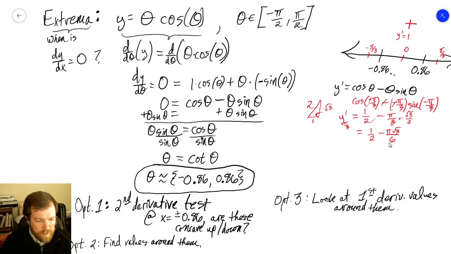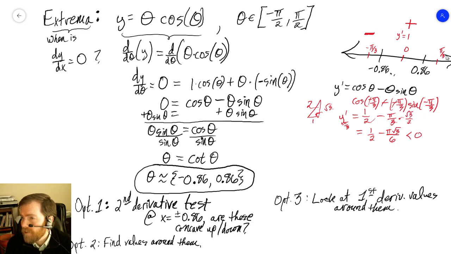Well, I don't know what that is. Pi over 6 is pretty close to a half, so pi root 3 over 6 should be greater. So that should be less than 0. Just double check. Oh yeah, very negative. It's like negative 0.4, so we're good. So this one's negative.